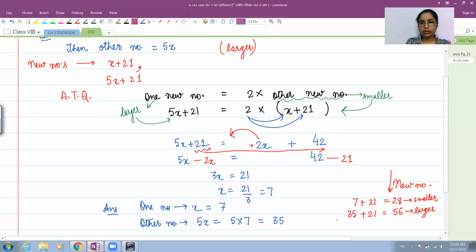Anyone with any doubts or any questions here? If anyone's writing down, please let me know. Otherwise, I'll just move on to the third question. I'm writing. Okay, I'll wait.